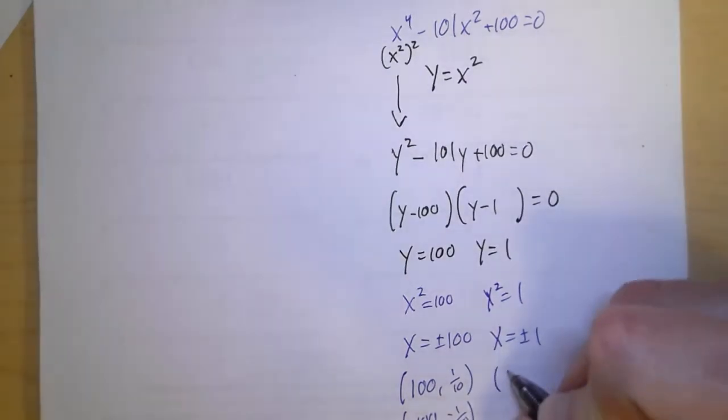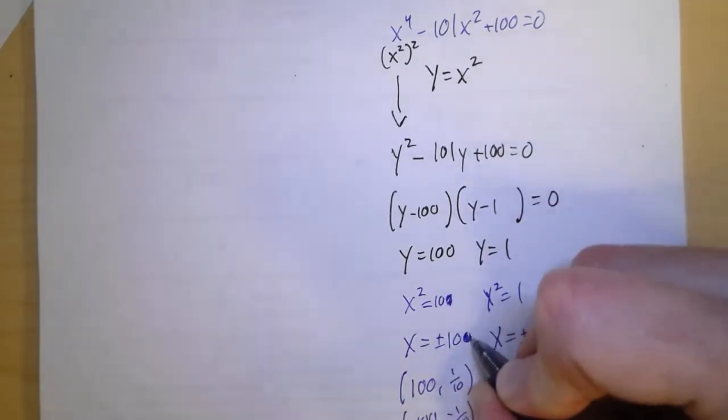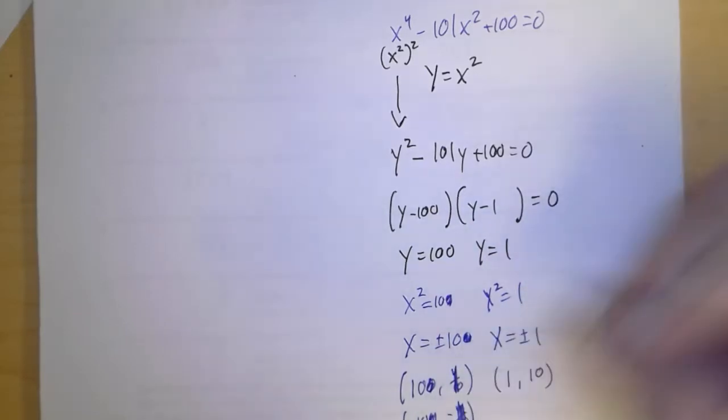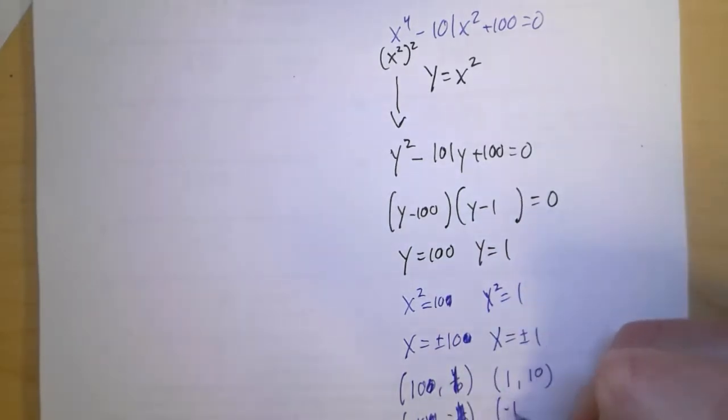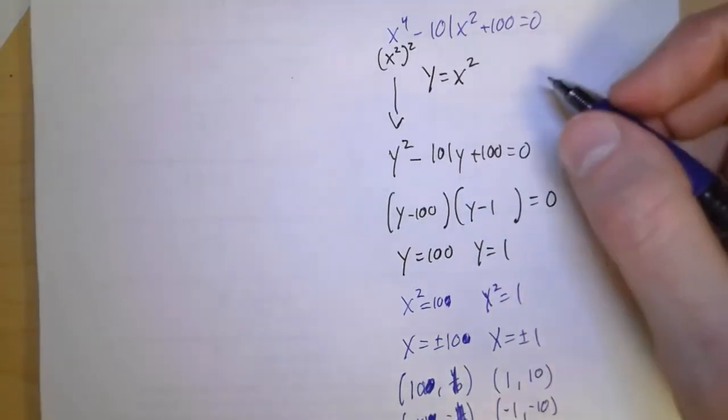And then if x is 1, then y is 10. Whoops, I forgot to take the square root there. So if x is negative 1, y is negative 10.